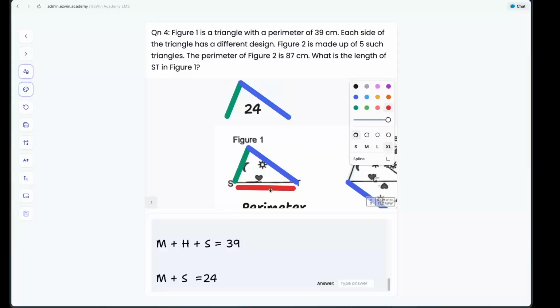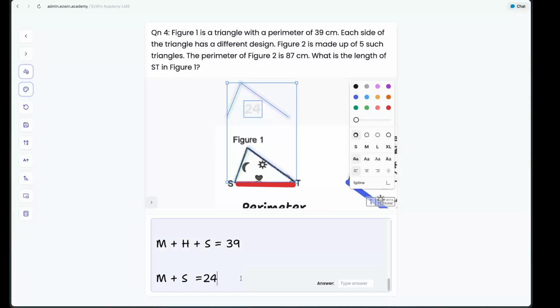And then ST, which is the red line, the heart one, is what we're looking for. If we minus this off, like this, then H will just be equal to 39 minus 24, and this will give us 15 centimeters. So ST over here is 15 centimeters.